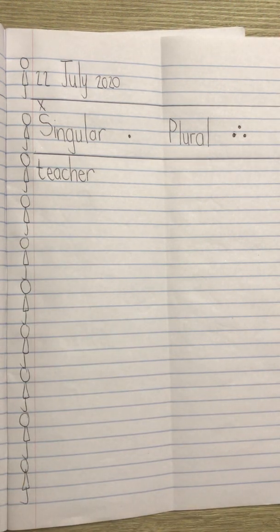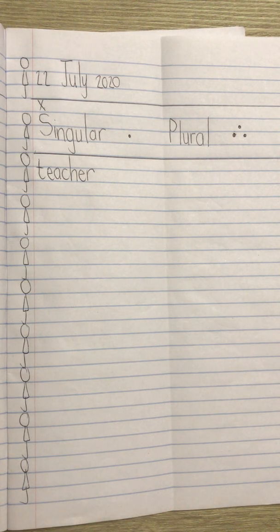Let me just get my rules here so that I'm sure that I go through all of them. Okay, rule number 2. Any word that ends in s, sh, ch, x, gets an E-S at the back.